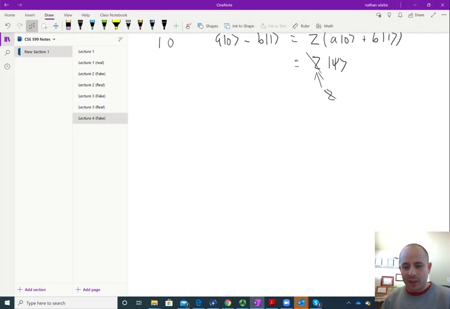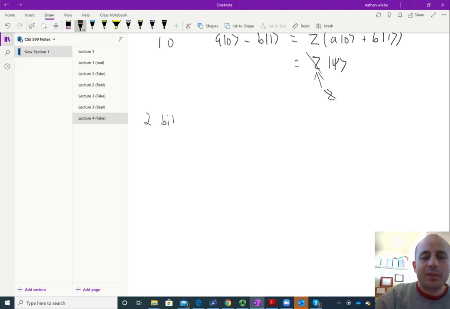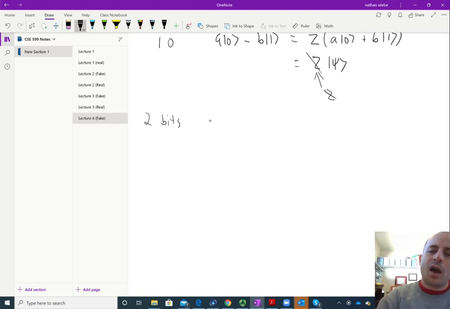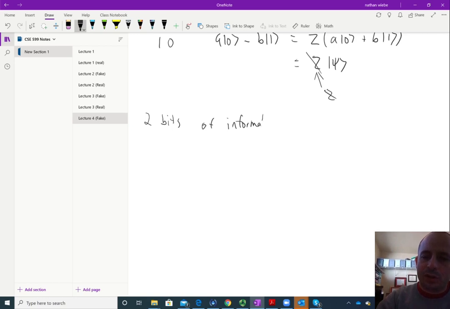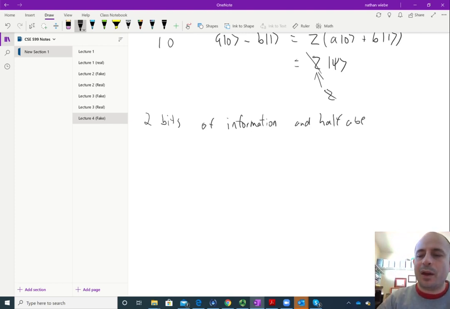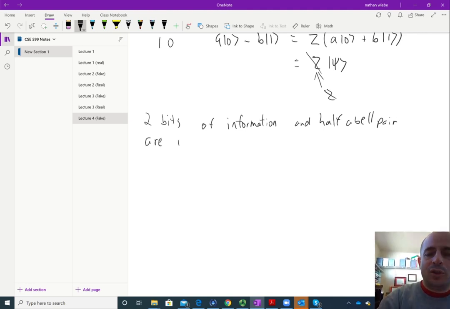The idea basically is that you send, at a high level, 2 bits of information and half a bell pair are used to transfer a qubit.